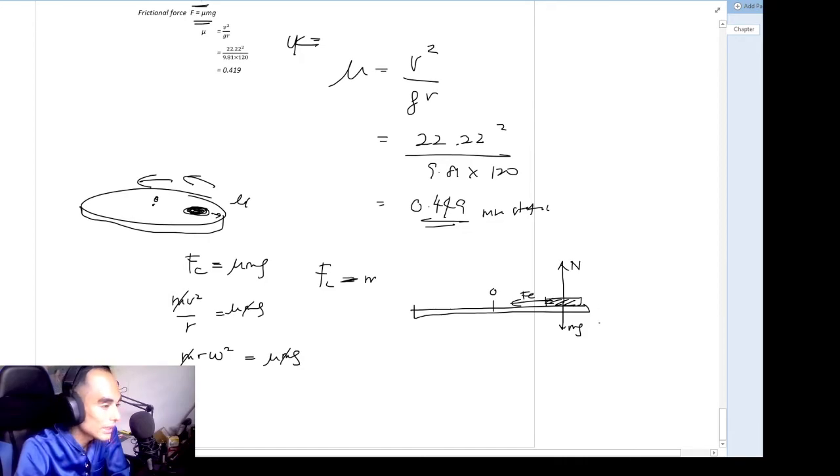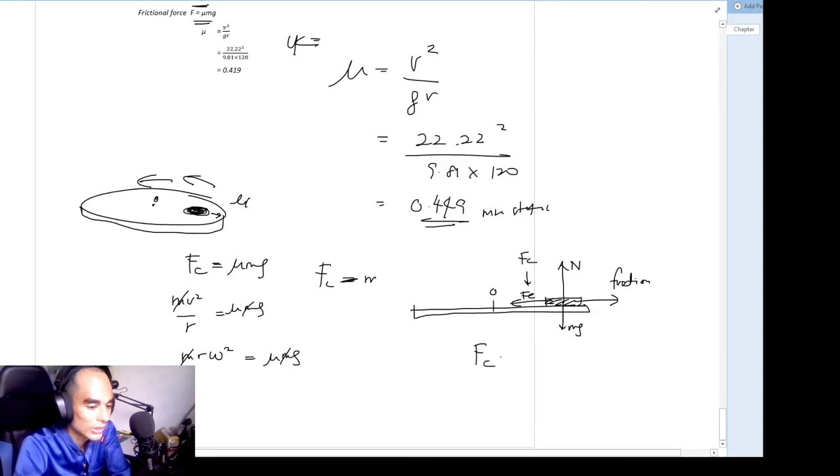So we only focus on left and right, it's not up and down. Left and right, this one is because of the centripetal acceleration, and this one because of the friction. Left and right only. So you can see the diagram there.